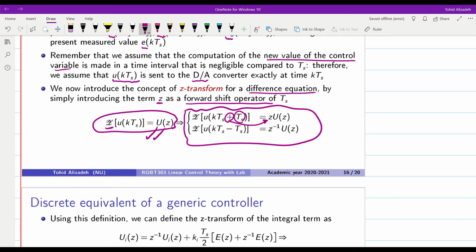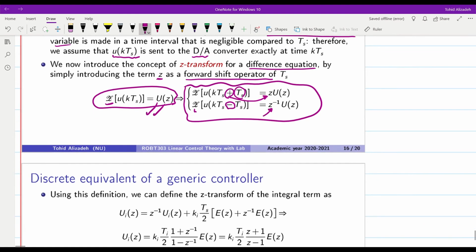If we have the z-transform of u at k ts minus ts, its z-transform will be obtained by multiplying u with z to the power of minus 1. So it's somehow similar to what we had in terms of multiplying the Laplace transform by s or dividing by s, which would give us the derivative or integral action in the time domain.